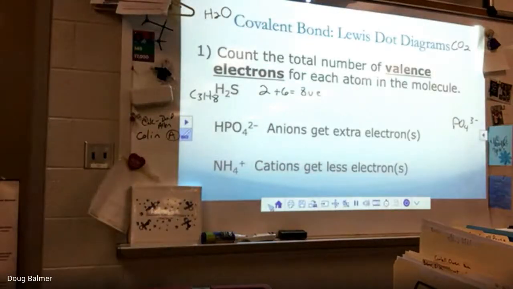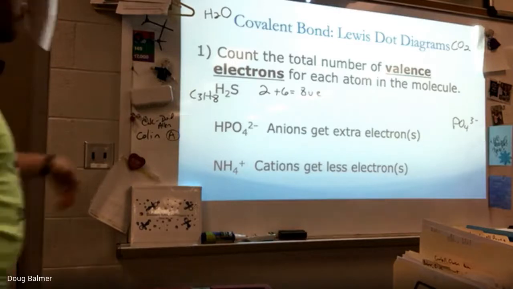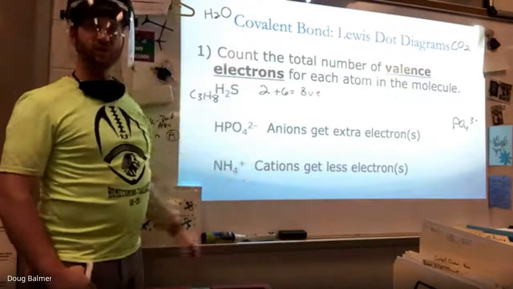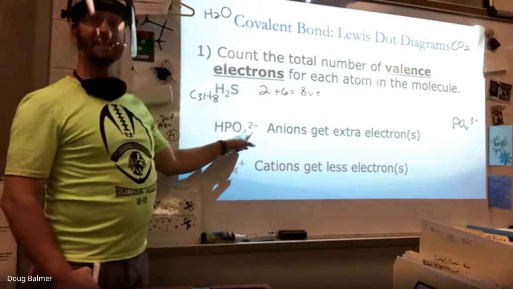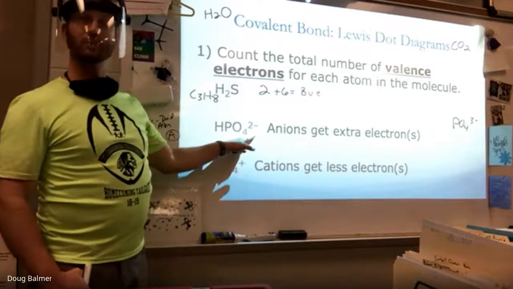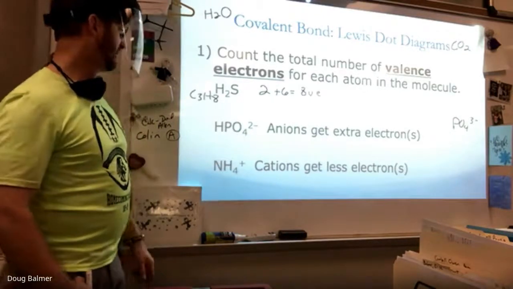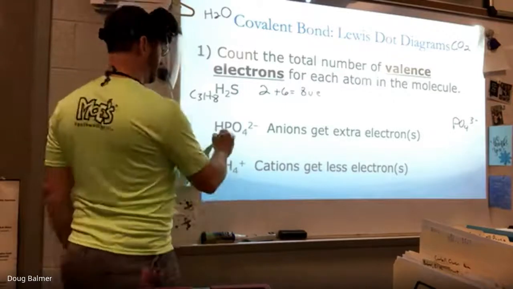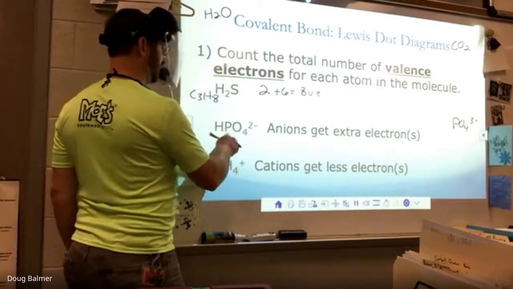All right, let's do the same thing for HPO4 2-. Now, if it was a molecule, we wouldn't have a charge here. But because it's an anion, anions have extra negatives, we're going to have to add 2 negatives to the total. How many valence electrons for an H? 1. How many for a P?